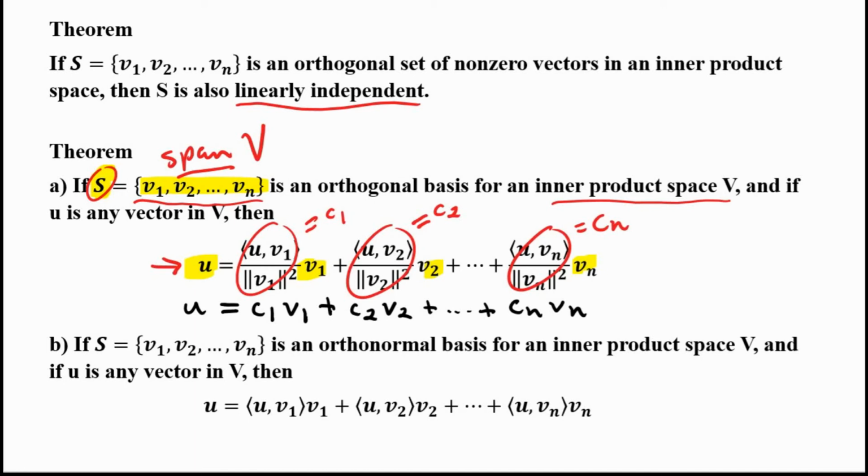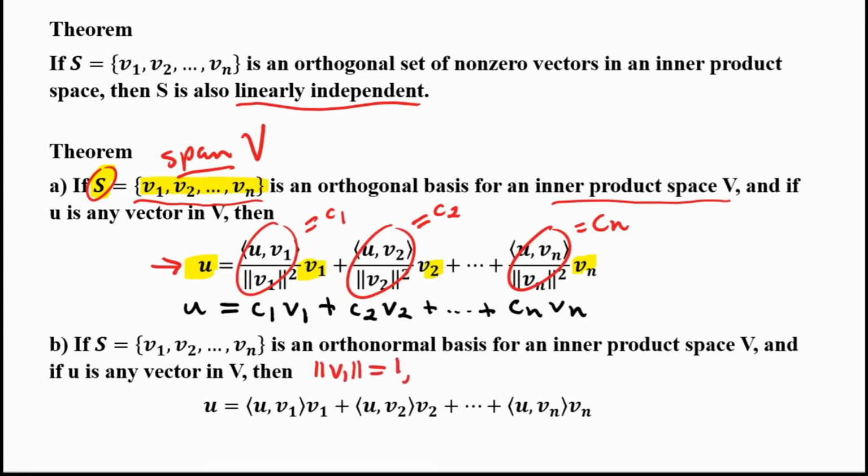Part B of the theorem: if S, defined as the same set of n vectors, is now orthonormal, that means that for each vector v1 to vn, their norms are 1.